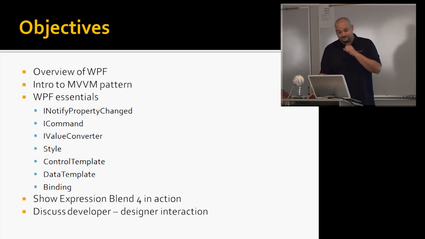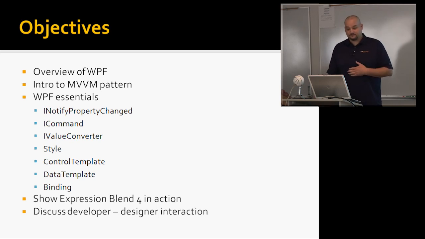Okay. I'm going to go over a little bit of the MVVM pattern, which is model, view, view model. I'm going to give you a little bit more knowledge of some of the essentials of WPF itself, namely notify property changed, one of the things you have to use in your view model, how commands work, and how you can use value converters to change what is displayed in your view from your back end.